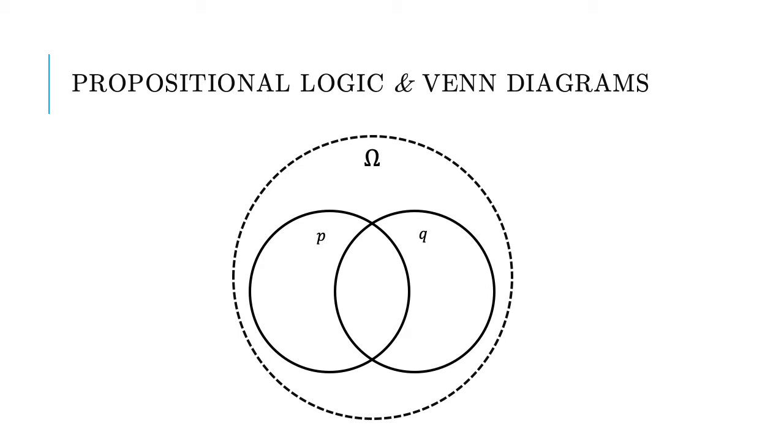So the portion of P that is outside of the overlap with Q will be P and not Q. Similarly, the portion of Q that is outside of its overlap with P will be not P and Q. And their intersection will correspond to P and Q. And the space outside of either circle will correspond to not P and not Q.